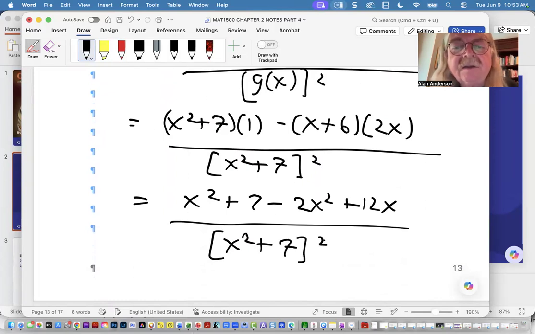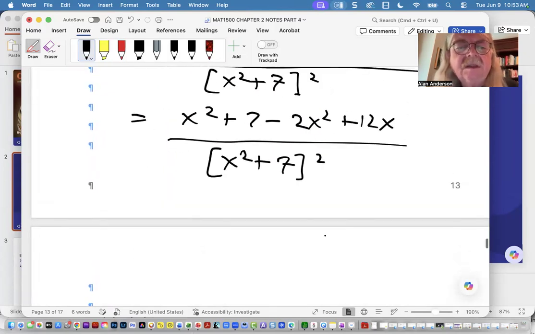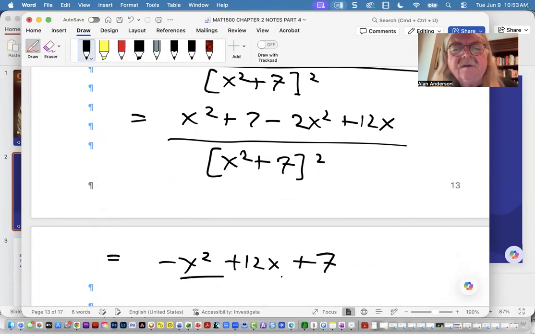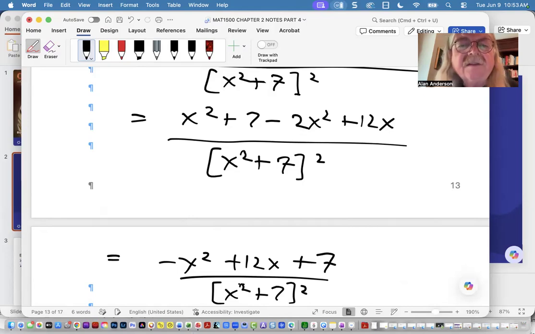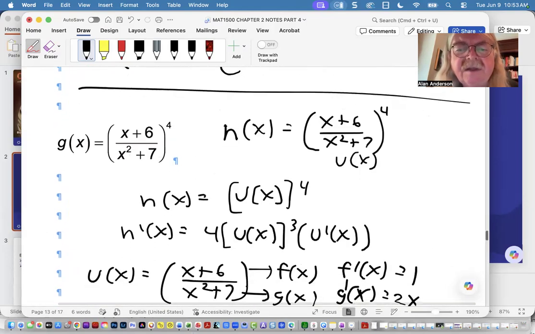And then I'll consolidate. You've got negative x squared plus 12x plus 7, all divided by this. Now that's the u prime of x that we needed up here.